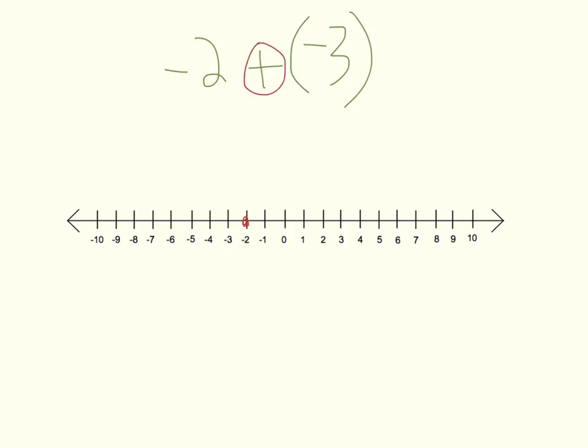I know that if I have that plus sign, it means I have to go to the right. But if I have this negative, it means stop, turn around, go the other way. So instead of going to the right, I go to the left. So now I have -2 plus a negative -3. So I move 3 spaces. So I have -2 plus -3. I have -5. Awesome.